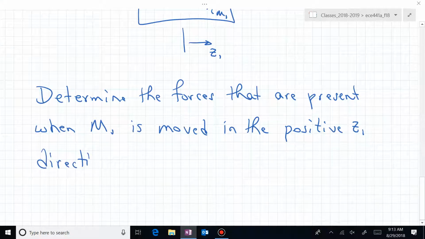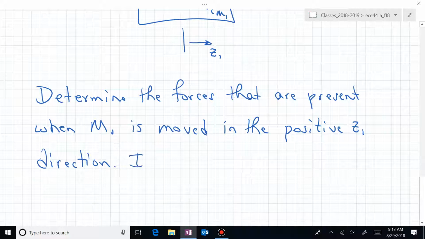That's where we have to take into account the labeling. We now move this mass to the right, Z sub 1, and we say, okay, what forces now are acting because of or due to that movement of mass sub 1?